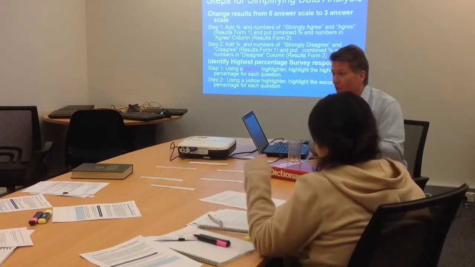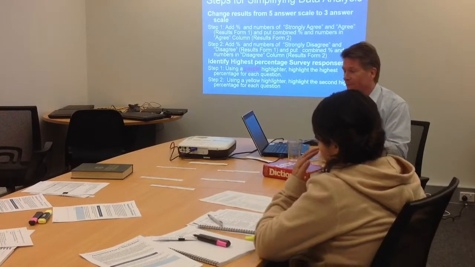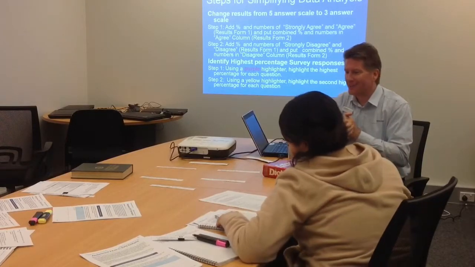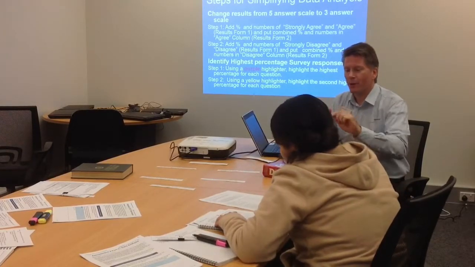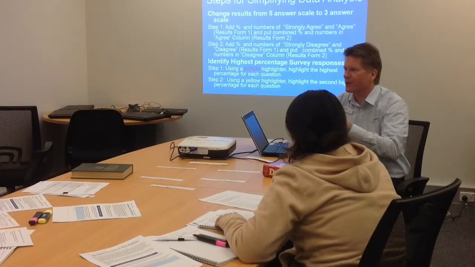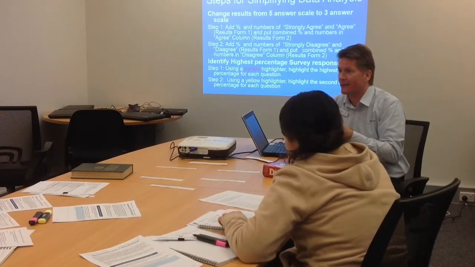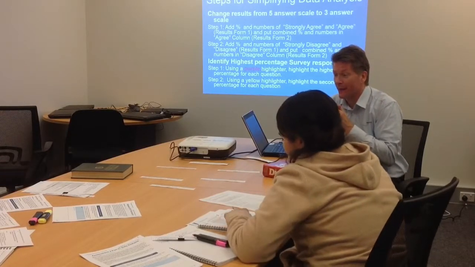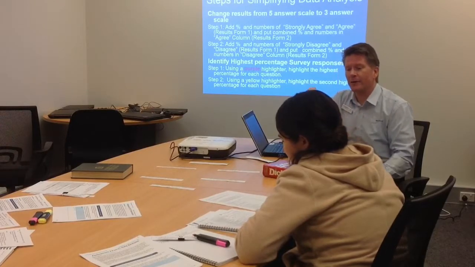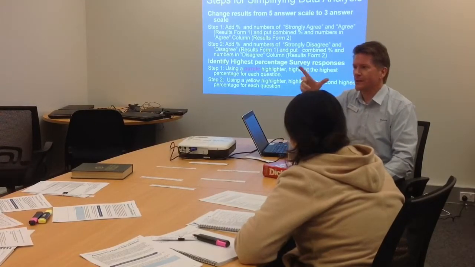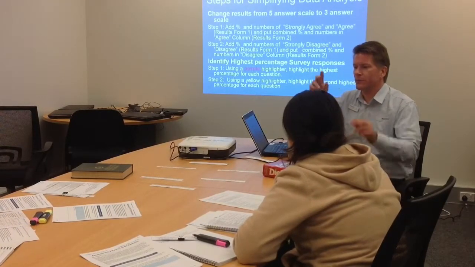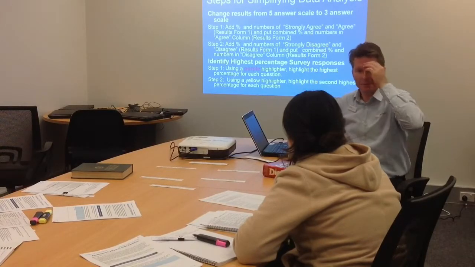Yeah? So, I don't actually have a calculator, I'm sorry, but you can use one of the pieces of paper if you need to do some quick addition. And if you need assistance, I can help you with that. So let's just go down the 10 questions and then combine the 2 outer columns, okay?